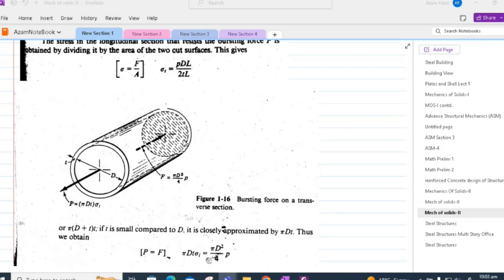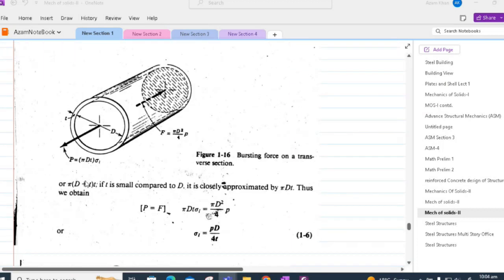Pi d squared by 4 is the area of the normal transverse section. Thus, again, we can equate the bursting force F with the force P resisted by the resultant force of the tearing forces. P will be equal to sigma longitudinal stress times pi dt, where pi dt is the approximate area of the transverse section of the cylinder.